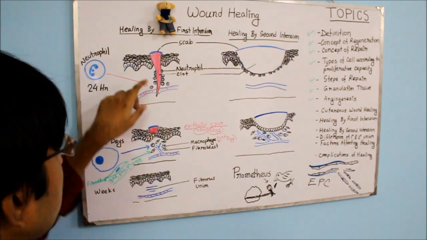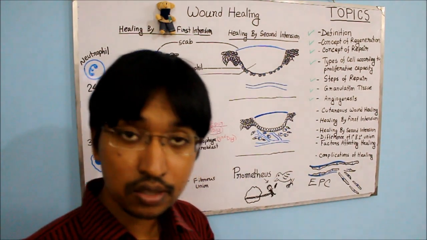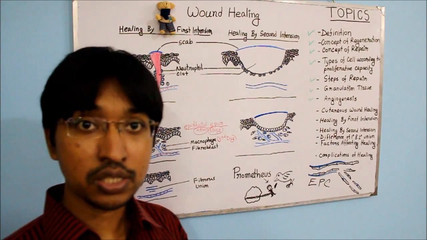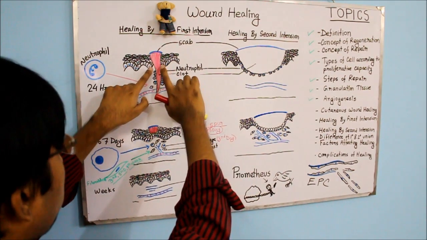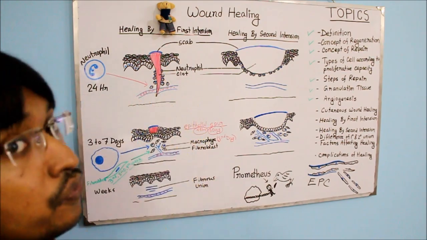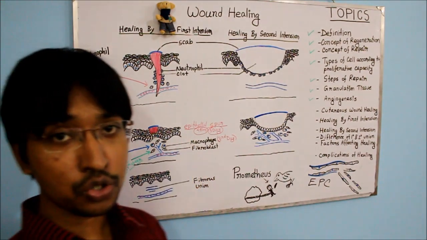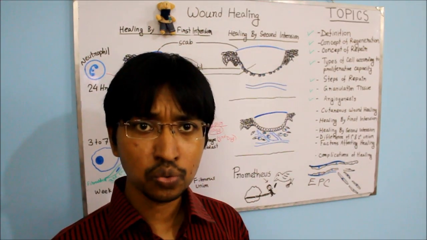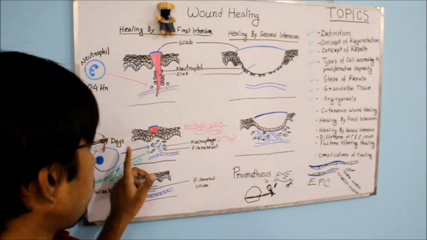They will migrate along the cut margin, and as they are moving they will also deposit basement membrane, and ultimately they will come from both ends and they will fuse in the midline. So by 48 hours the wound will have at least a single layer of epithelial cells, as drawn here.